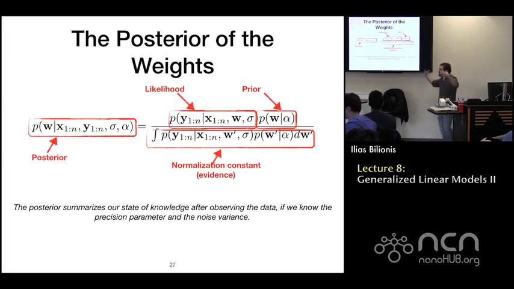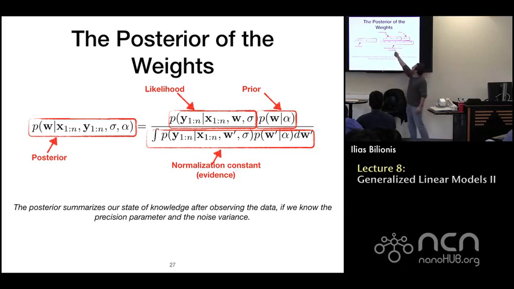Then you put everything together to come up with a posterior state of knowledge about the weights, posterior in the sense that it is after you have seen some data, and that posterior is always proportional to the likelihood times the prior. This is just an application of Bayes' rule and nothing else. The normalization constant is completely irrelevant for the time being. It will be useful later. But anyway, this is pretty much it.